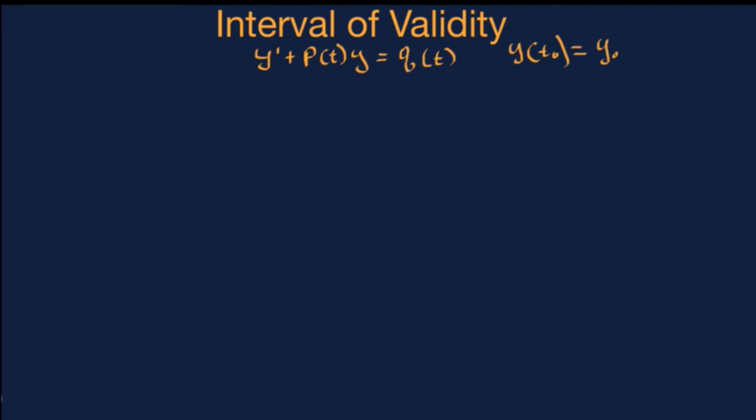And if the functions p of t and q of t are continuous on some interval between two values, and let's call them alpha and beta, and if this interval contains the input value of the initial condition t naught, then that would mean there's a unique solution to this initial value problem.